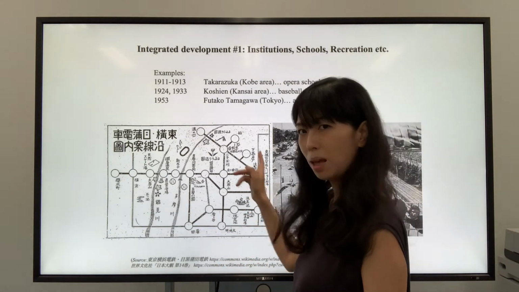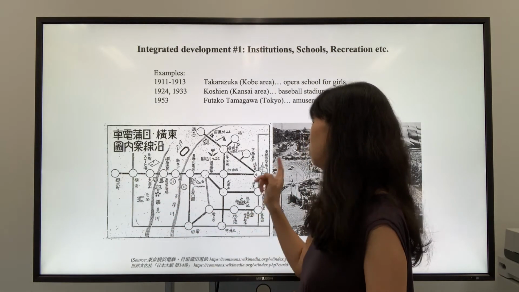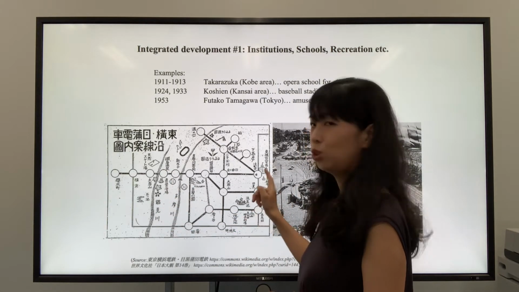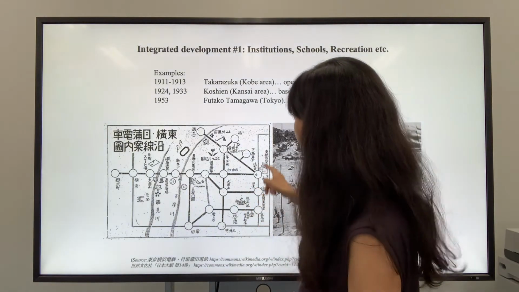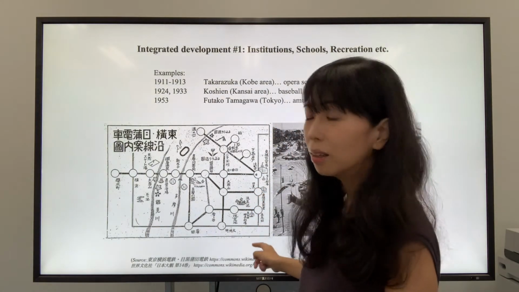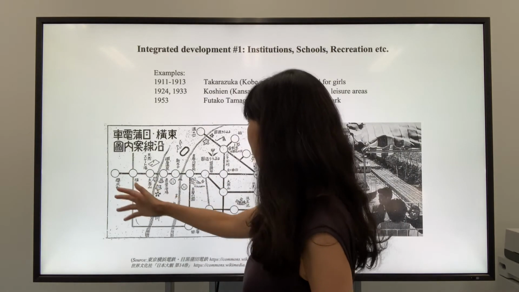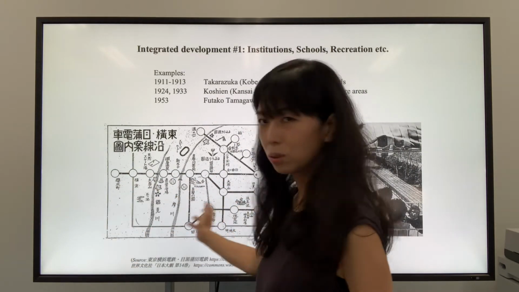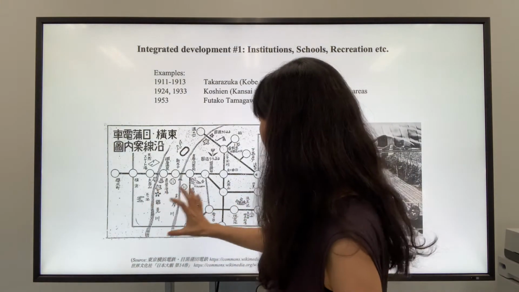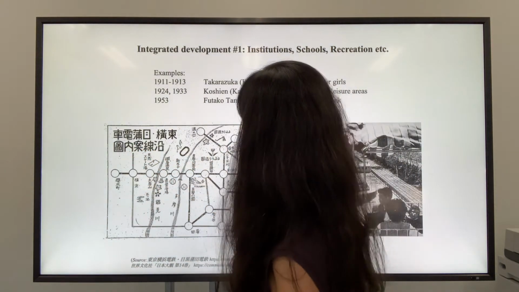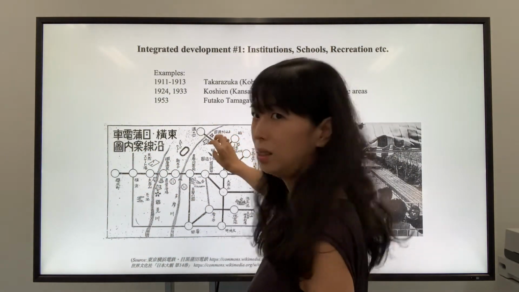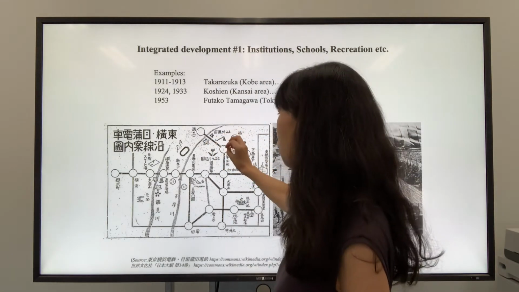Here is a map of Tokyo during this period. This is Shibuya, which is along the Yamanote line, and a lot of private railway company lines extend towards the suburban area. Along there you have Futako Tamagawa, which has an amusement park.